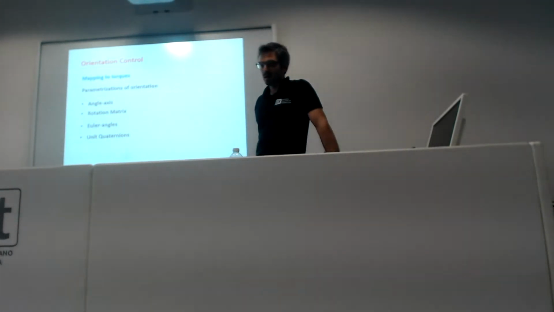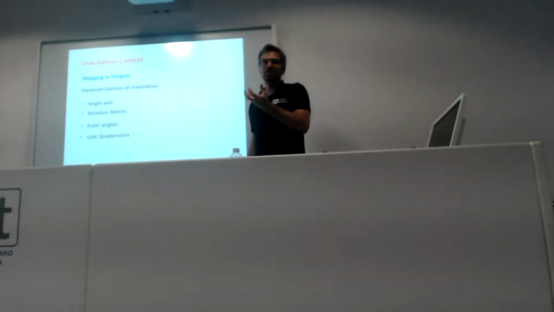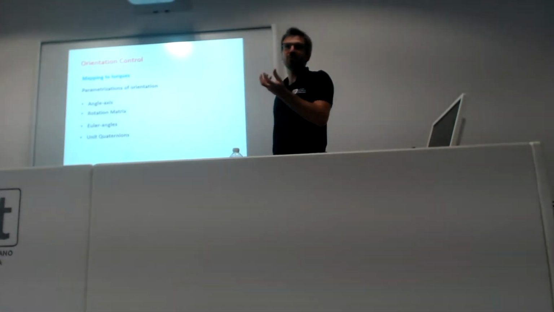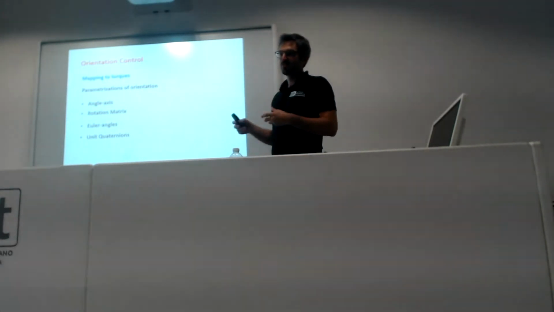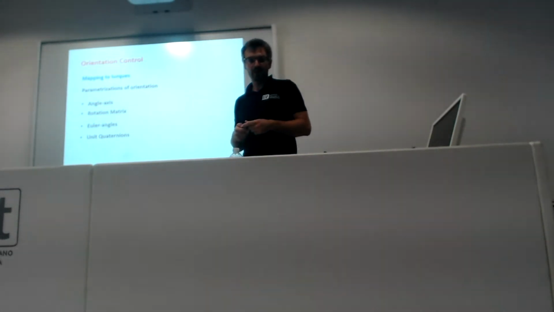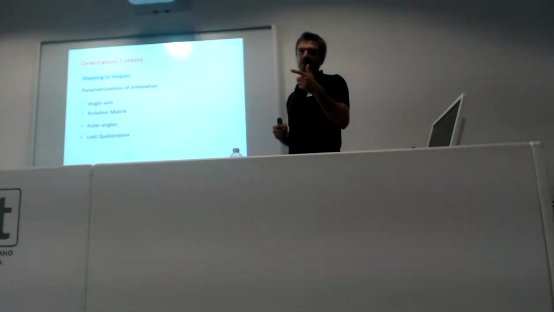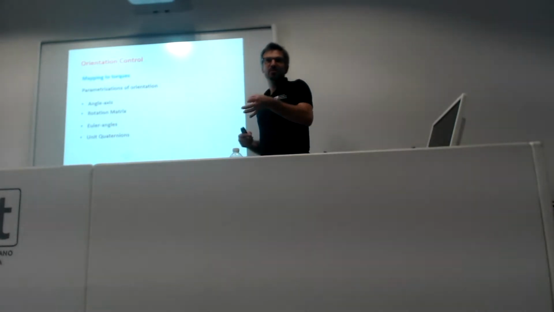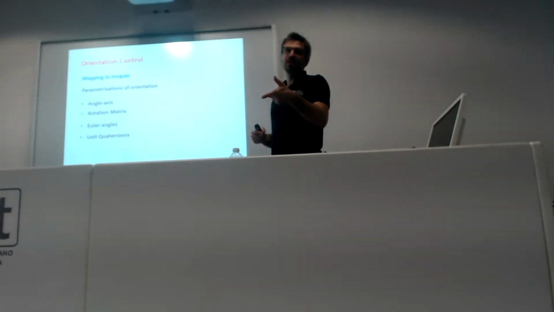So till now we discussed the position of the end effector. We defined this virtual force that is proportional to the error of the end effector and to the velocity error of the end effector. But we didn't talk about the orientation, because the end effector has a linear position but also an orientation, and most of the time you want to control both.